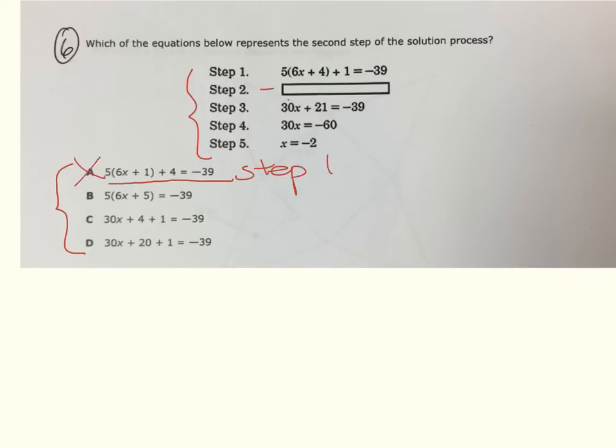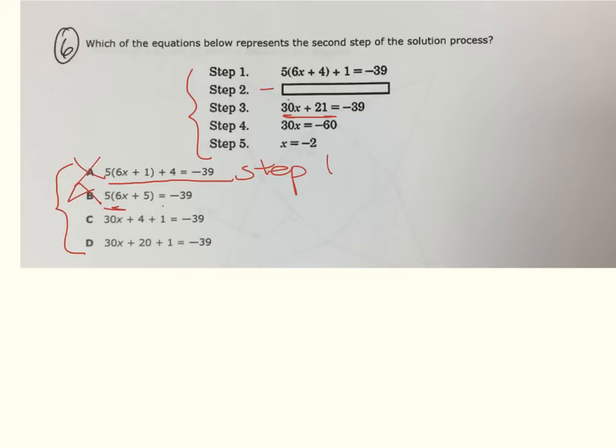So that won't be our answer. Now, if I look at B, this would be 5 times 6 here, plus 5. But as I look at the third step, 5 times 6 would equal 30, but where is this plus 5? That doesn't fit either. Okay, so I don't think that's correct.